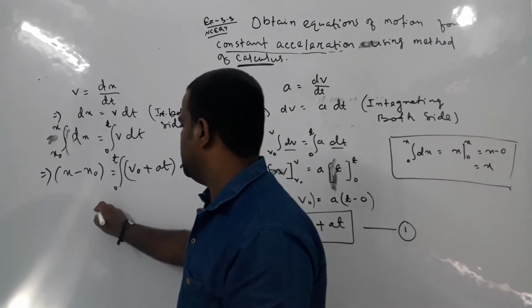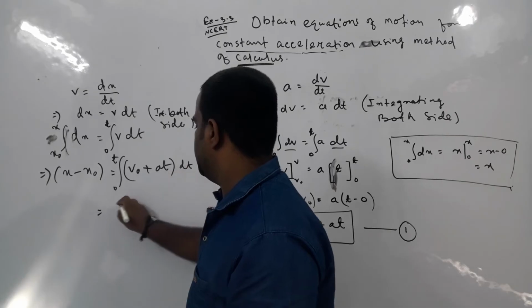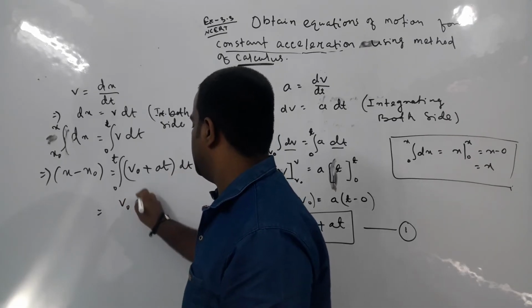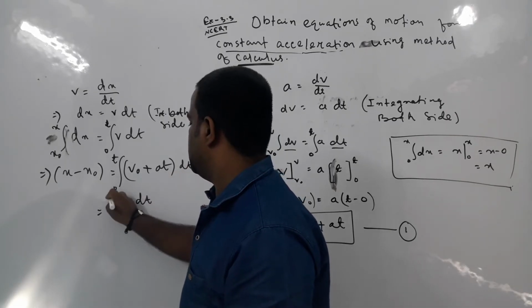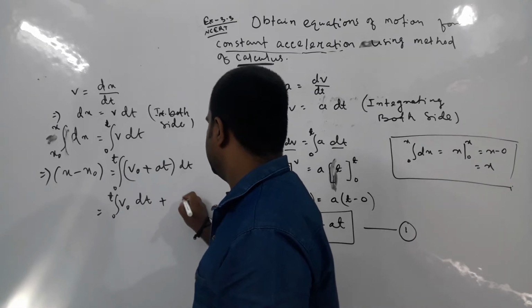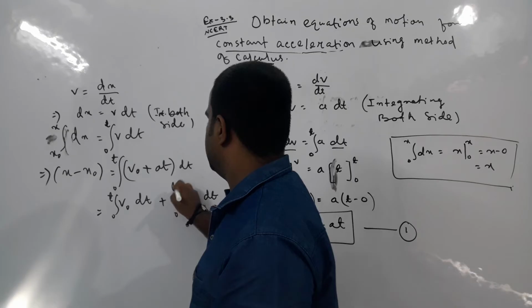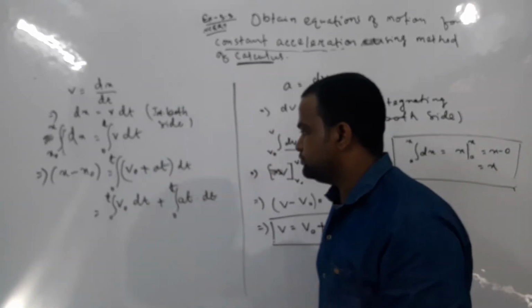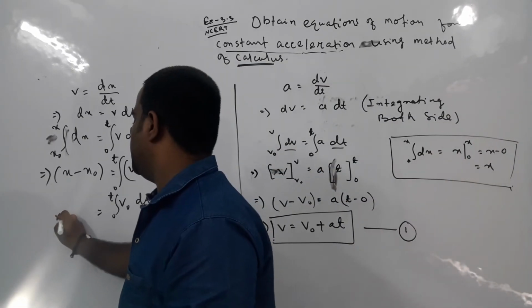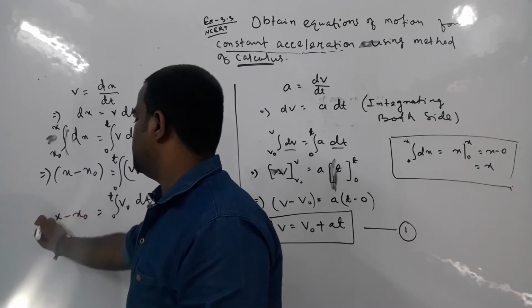Now this will be equal to the integral of v0 dt from 0 to t plus the integral of at dt from 0 to t. This is your x minus x0.